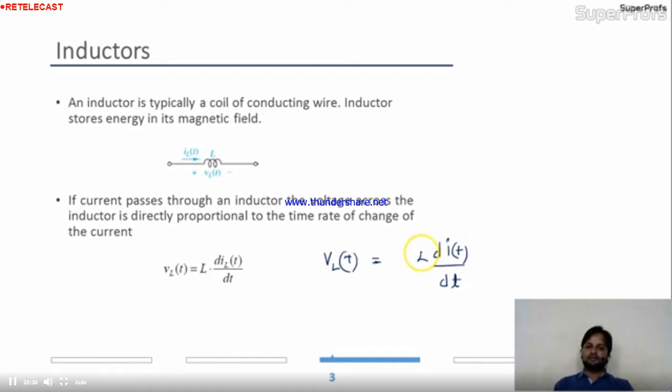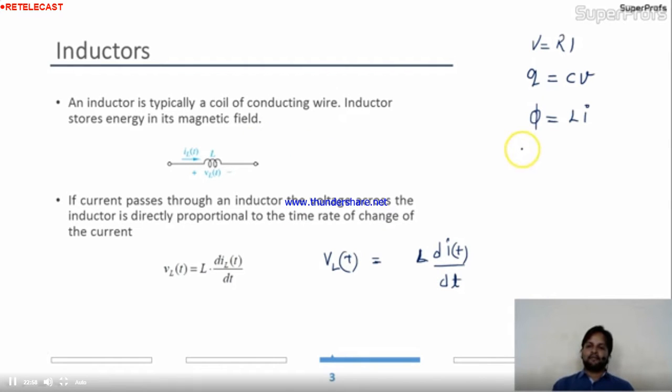Now, wait a minute. How did this formula come actually? See, we have seen in the capacitor Q equals CV. For the resistor we have seen V equals Ri. Now for the inductor the phi is nothing but Li. The phi is the flux linked with the coil.